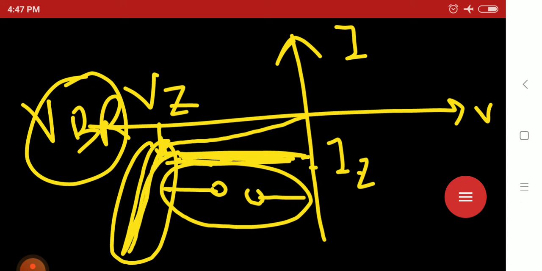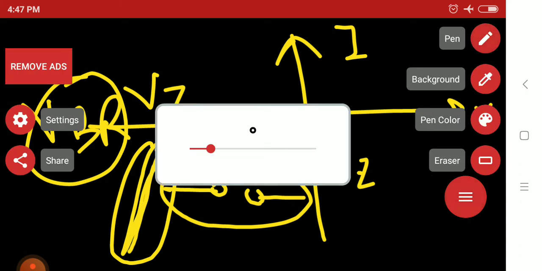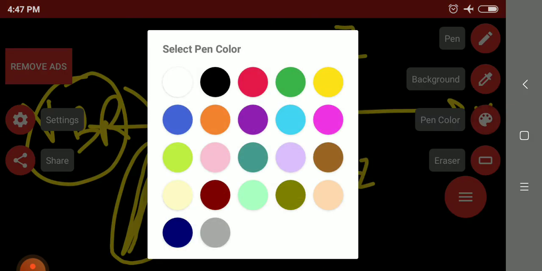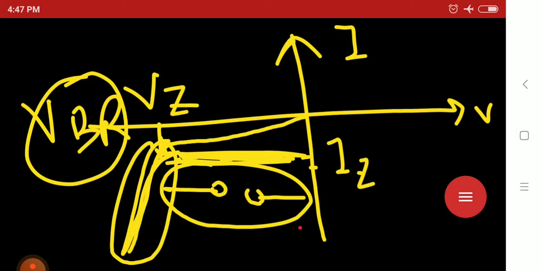Whenever it achieves the breakdown portion, you can see that up to this portion, before achieving the breakdown voltage or breakdown current, it will act as a broken wire.